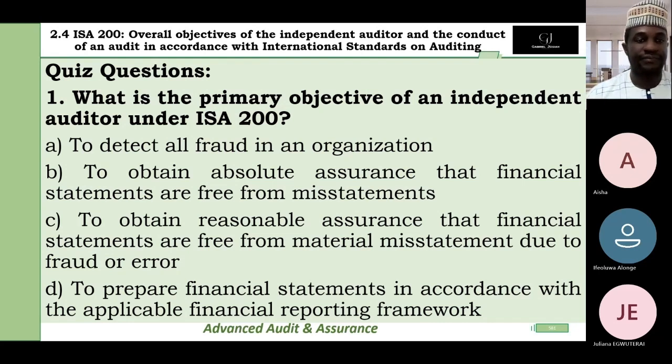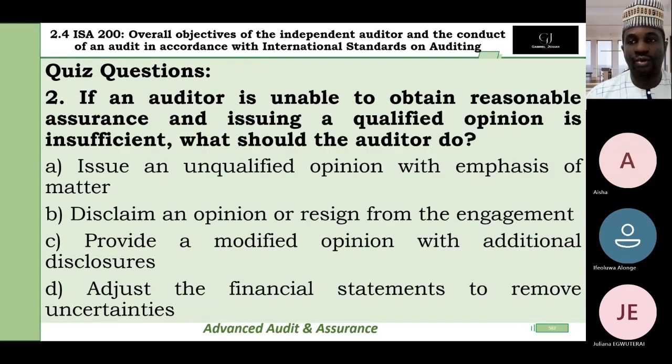All right. So let's go to number 2. If an auditor is unable to obtain reasonable assurance and issuing a qualified opinion is insufficient, what should the auditor do? A, issue an unqualified opinion with emphasis of matter. B, disclaim an opinion or resign from the engagement. C, provide a modified opinion with additional disclosures.